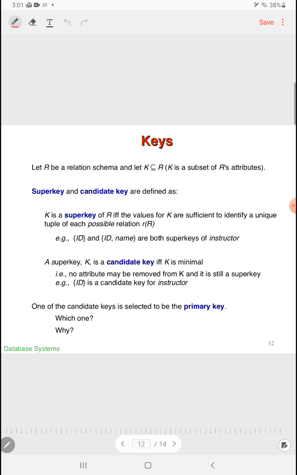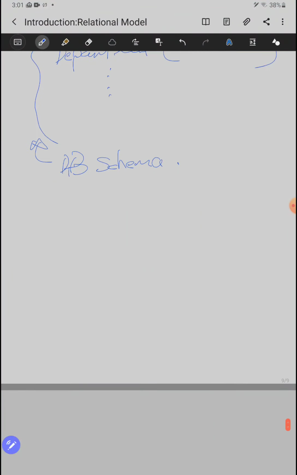Okay, keys. If R is a relation schema, then K is a subset of R's attributes. Okay, so let's have relation schema R equals A, B, C, D. Okay.